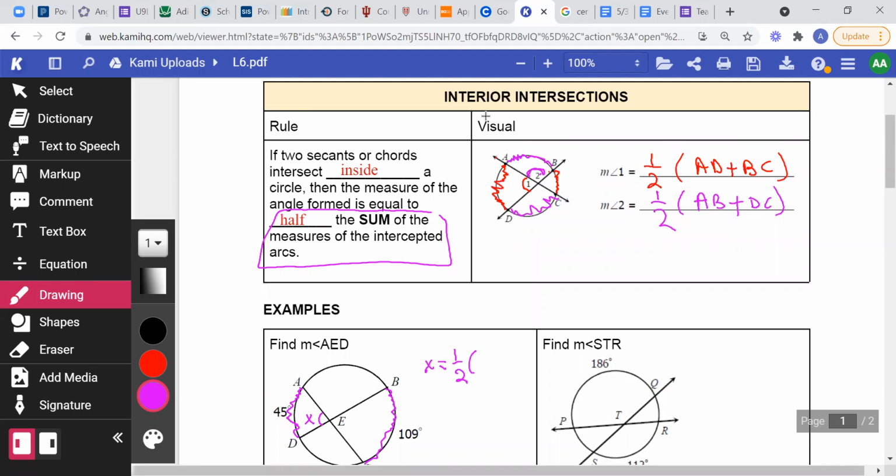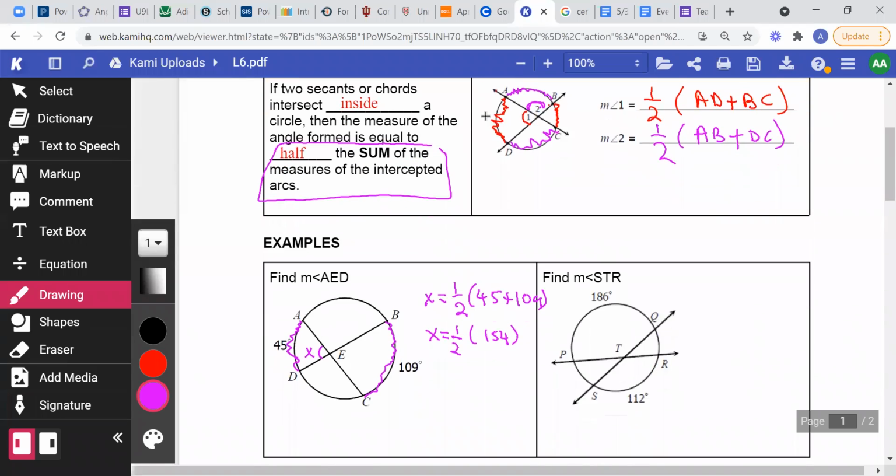So it's 1/2 of 45 plus 109. Adding 45 to 109 gives 154, and multiplying 154 by half gives us 77 degrees.